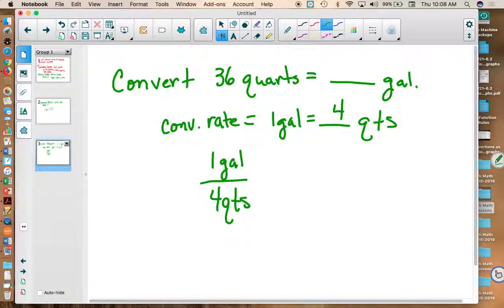We said 36 quarts times 1 gallon equals 4 quarts. Okay? That's my conversion rate right here. 1 gallon equals 4 quarts. I'm multiplying them together. If I throw 36 as a fraction, okay, what's crossing out? Remember the bow tie? What label can we cross out? What label is going to cross out?